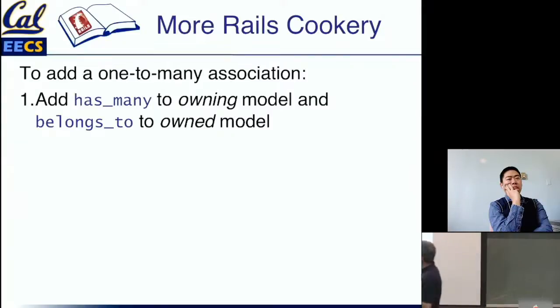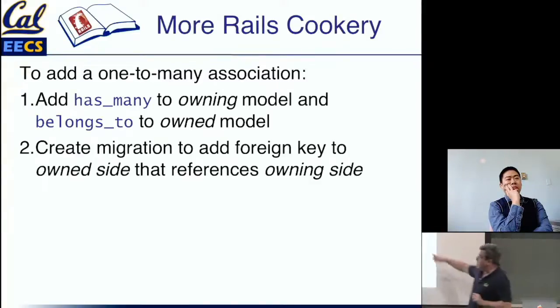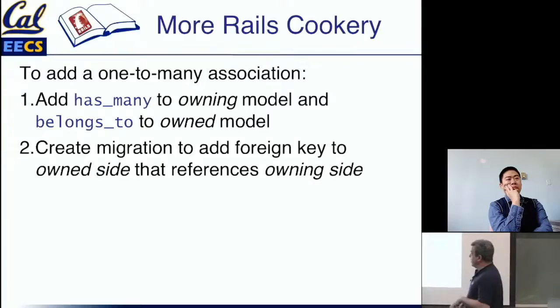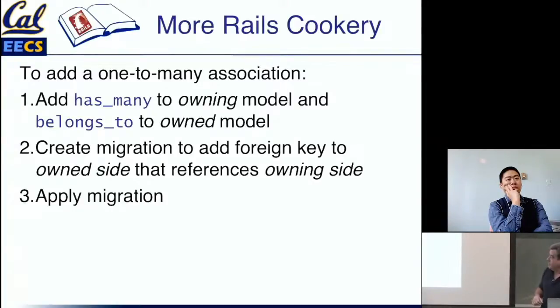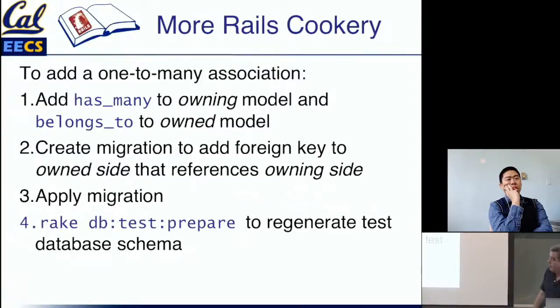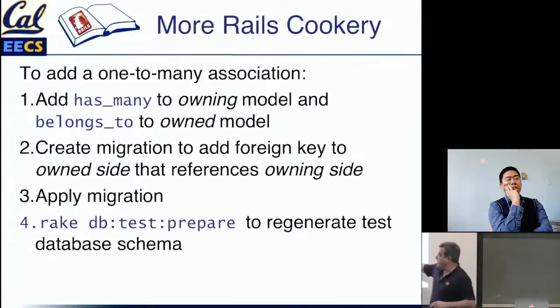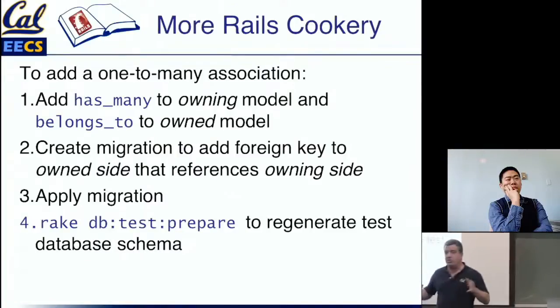And in the owned model, which in our case was the review, you say belongs to. Then you have a migration to make sure that the foreign keys that are needed to model the relationship actually become part of those tables. You apply the migration, rake db migrate, as you've done before. And then finally, you just make sure that the changed schema of the database gets reflected to your test database.